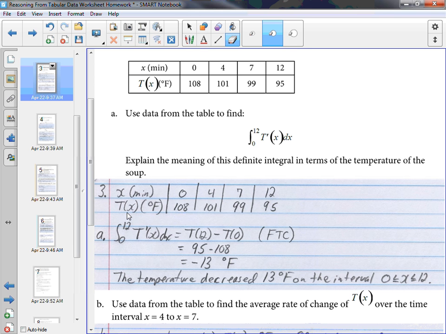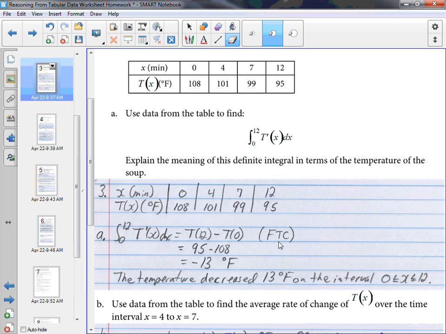Now, T of x is the antiderivative of T prime of x. Okay? So can't we use values of the antiderivative to come up with definite integrals? So the integral from 0 to 12 of T prime of x dx will equal the antiderivative of T prime, which is T, evaluated for the upper limit of integration, minus the antiderivative of T prime, which is T, evaluated for the lower limit of integration.